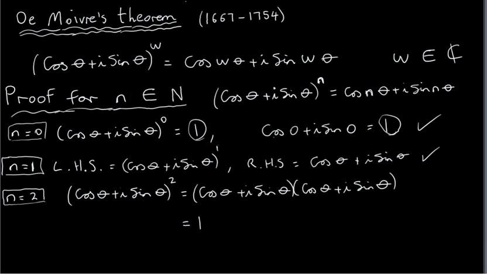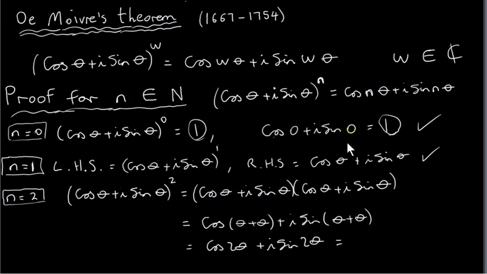So that doesn't do anything in this case. We multiply the moduli, but the most important thing is we add the arguments. So when we multiply these two complex numbers together, we add the arguments. So we add theta onto theta. So we get theta plus theta. But of course, theta plus theta is 2 theta. And that's precisely equal to the right-hand side when n is equal to 2. We replace n with 2, we get cos 2 theta plus i sine 2 theta. So we see that de Moivre's theorem is true for n equals 2.